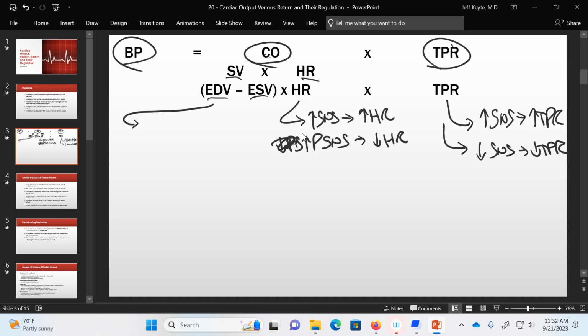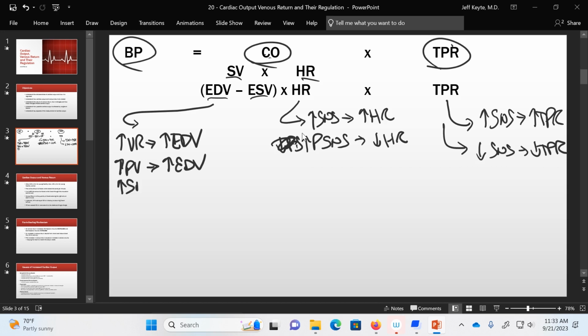Okay, so EDV, there are a lot of things that affect it. So when venous return goes up, EDV goes up, right? When plasma volume goes up, EDV goes up because of venous return. Okay, other things with venoconstriction, right?